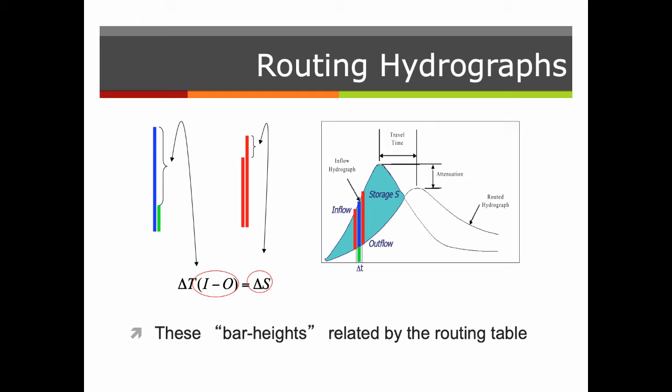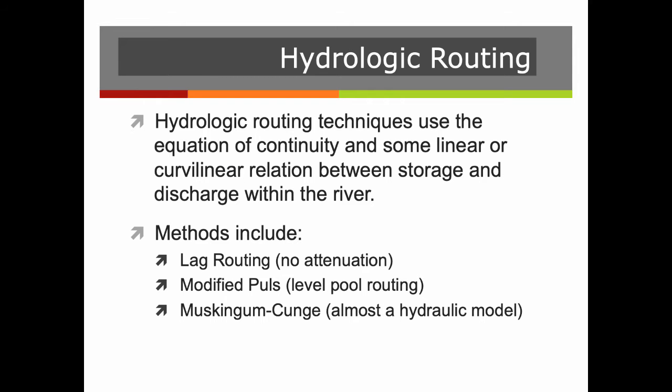It's a computational representation of this equation for a certain reach which has known storage properties. And we can know the storage properties by knowing the shape of the reach, if nothing else. Collectively, that's called hydrologic routing. And so the hydrologic routing techniques use that equation of continuity and some linear or curvilinear relationship between storage and discharge within the routing element to perform the calculation.